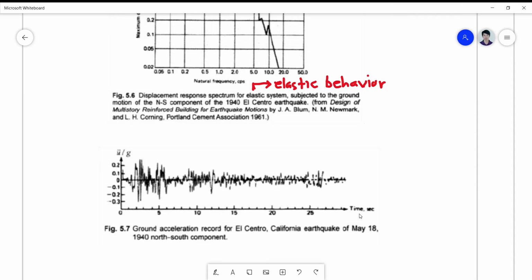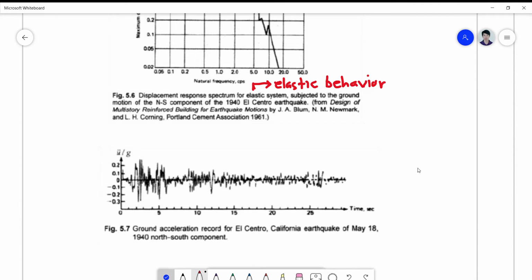So time t. Okay, so this is an actual seismograph, or accelerograph, that was recorded by their accelerometers. The seismogram, they use the time. Ito yung record nila.